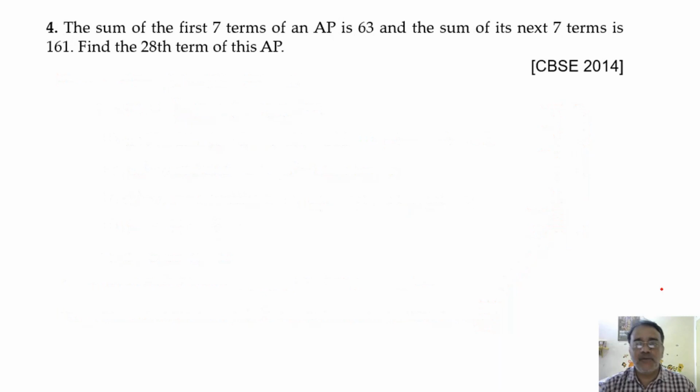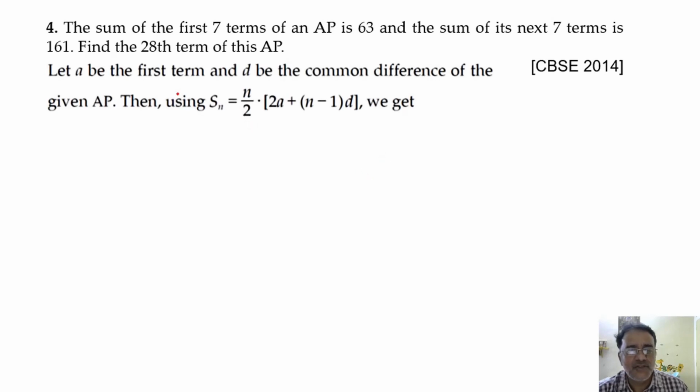Okay. Now we are moving towards the next question. The sum of first 7 terms of an AP is 63, and the sum of its next 7 terms is 161. Find the 28th term of this AP. This is a 2014 board question. First of all, what is given? S7 is equal to 63. Let a be the first term and d the common difference, and this is the formula of Sn.